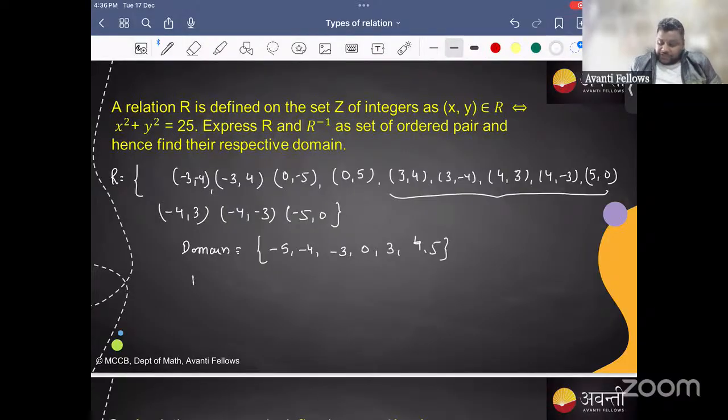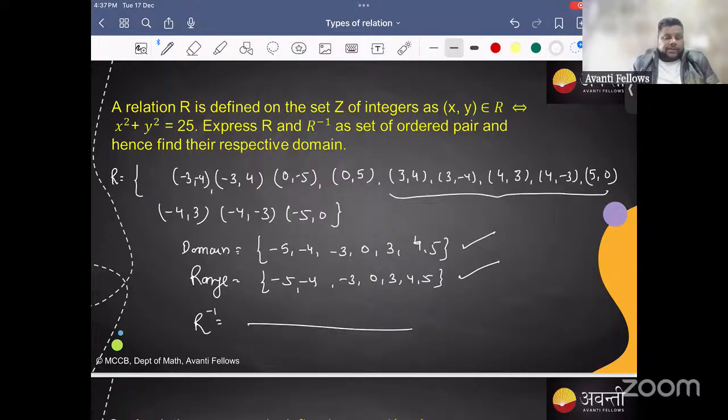If you see, its range is also going to be the same: -5, -4, -3, 0, 3, 4, 5. Got it? So this is the domain, this is the range. Now R inverse is what? R inverse is just reversing the entries. So R inverse is, you can write it down. Got it?